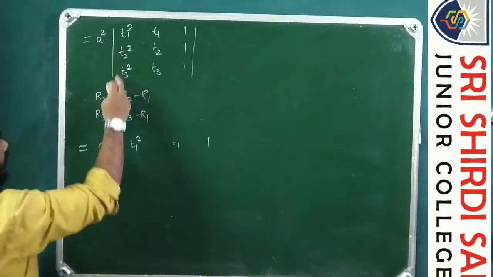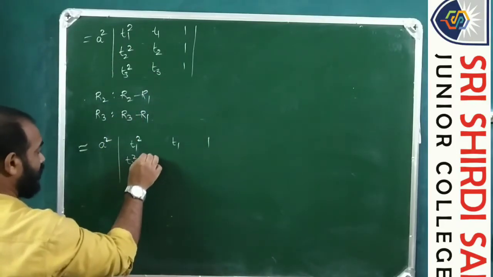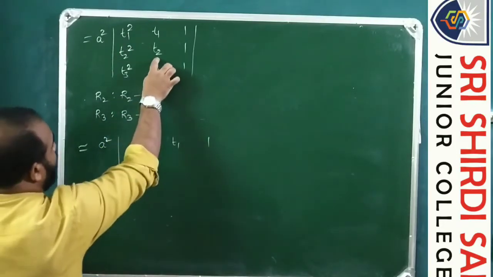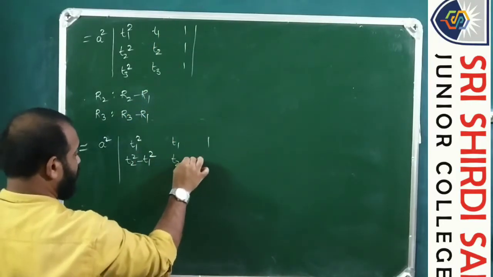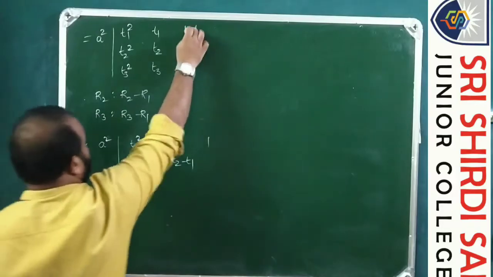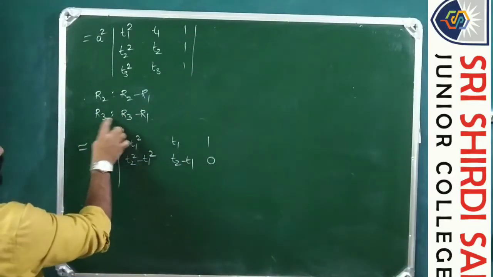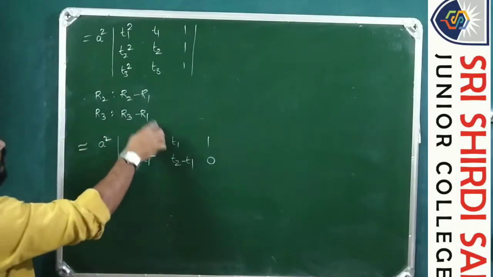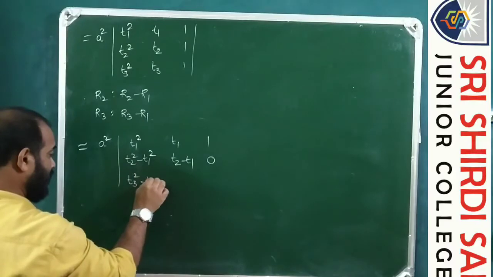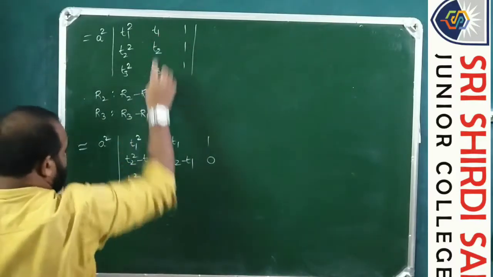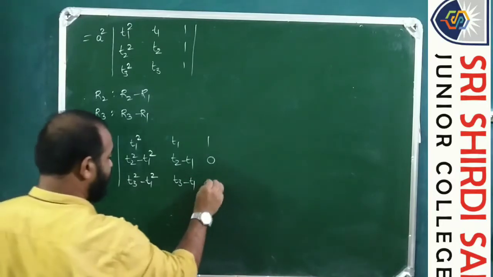So here row 2 minus row 1 is T2 square minus T1 square, here T2 minus T1, 1 minus 1 is 0. Likewise, row 3 is transformed as row 3 minus row 1, T3 square minus T1 square, here T3 minus T1, 1 minus 1 is 0.